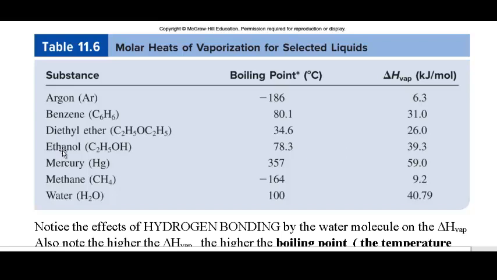Methane, held together by nonpolar London dispersion forces, is 9.2, very much less. Water, a hydrogen bonding network, takes 41,000 joules of energy to break apart and vaporize 1 mole.